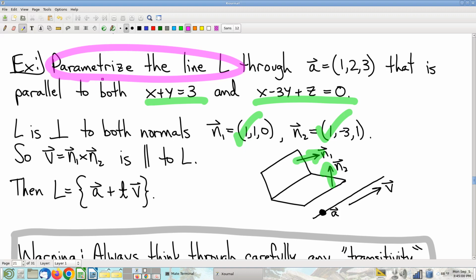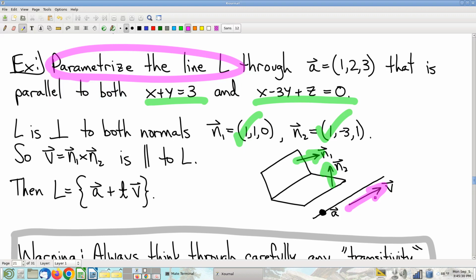Well, to parameterize a line, I need a point that line goes through. Oh, I already have that. All right, that's a given, fine. What I really need then is a direction vector to finish up the parameterization of that line. So, yes, algebra given, algebra requested. Reinterpret this as two normal vectors given, one direction vector requested.